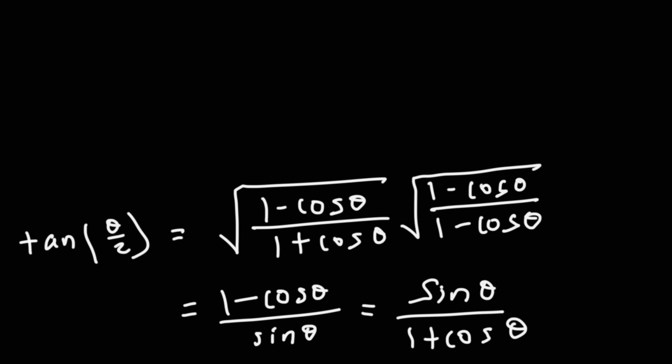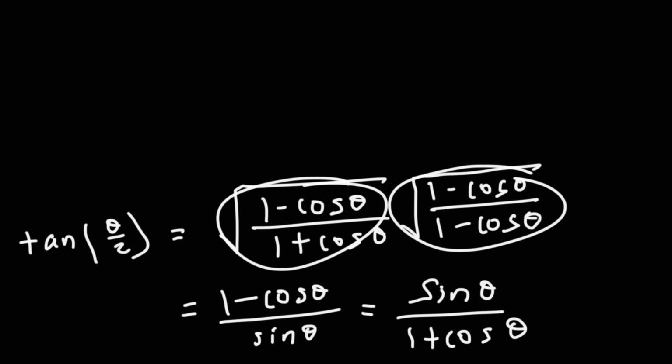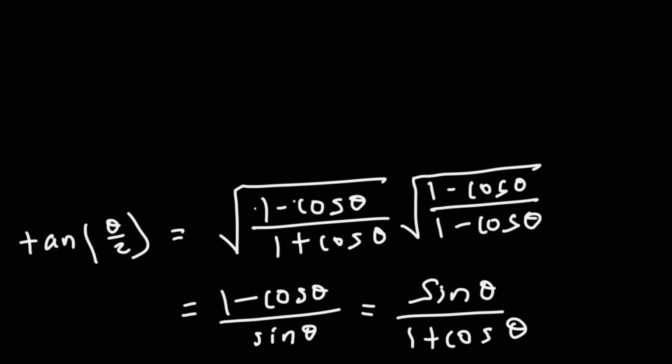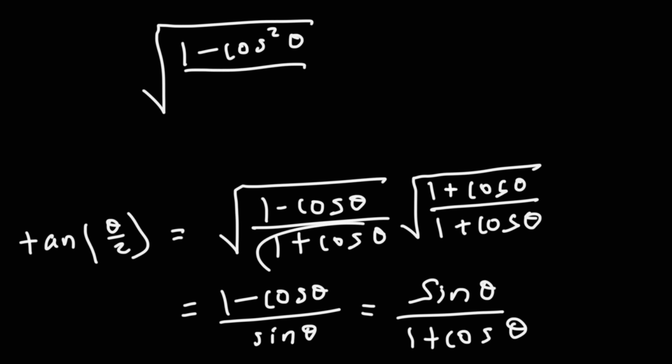Now, to get the other form of the equation, instead of multiplying this equation by the square root of 1 minus cosine over 1 minus cosine, change the negative to a positive. So when you multiply these two, just like before, you're going to get 1 minus cosine squared theta. When you multiply those two, you're going to get 1 plus cosine theta, but squared.